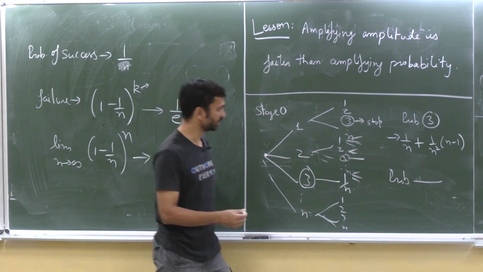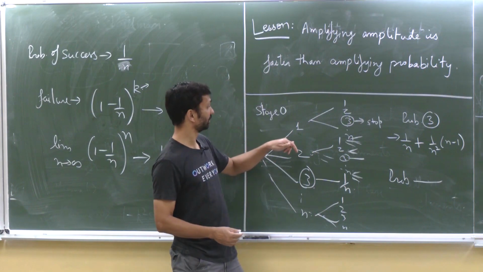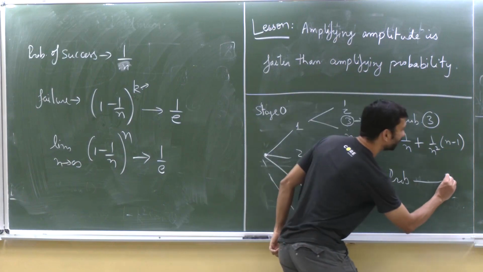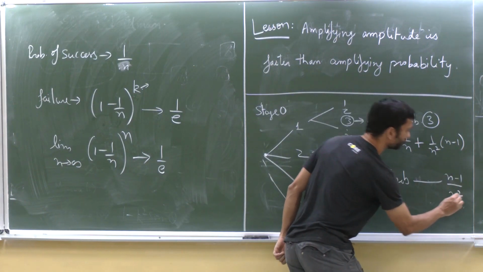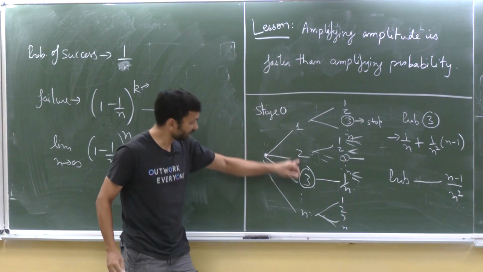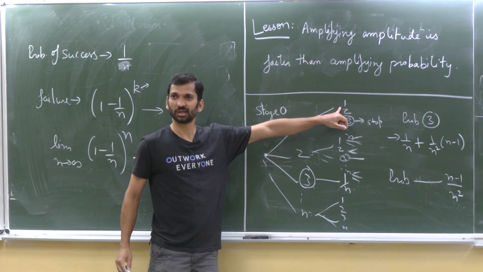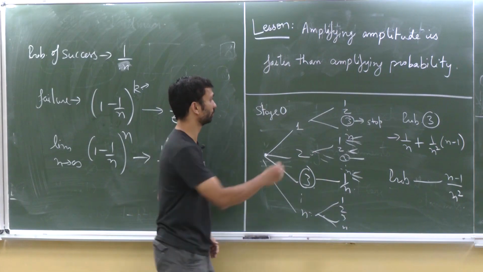But you can also say I can get it in each of these with 1 by n square probability. So this is stage 2.